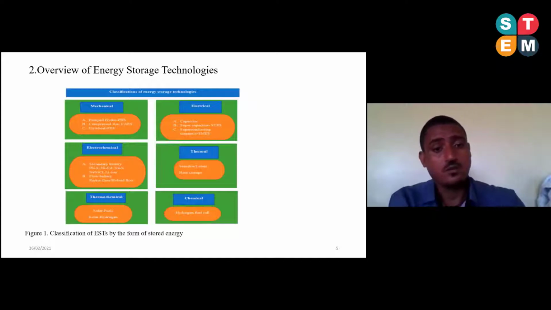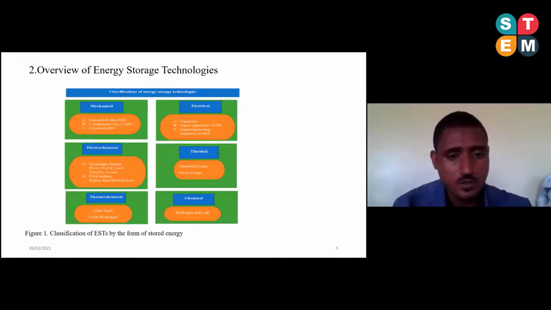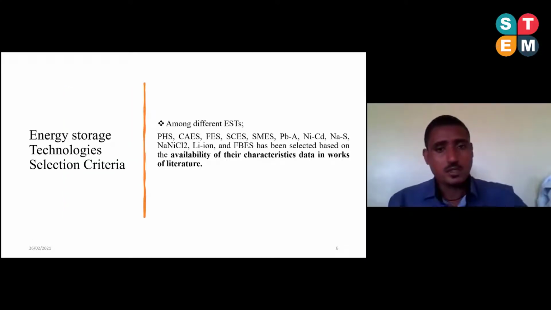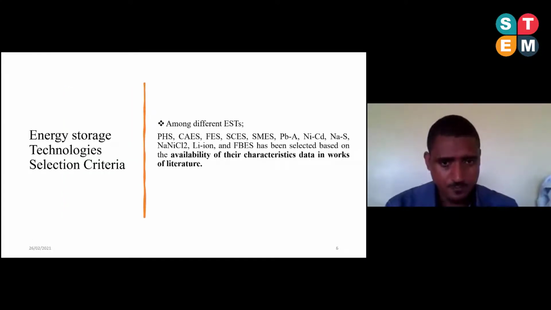But lithium ion is competitive, and currently this type of energy storage is also highly installed globally.